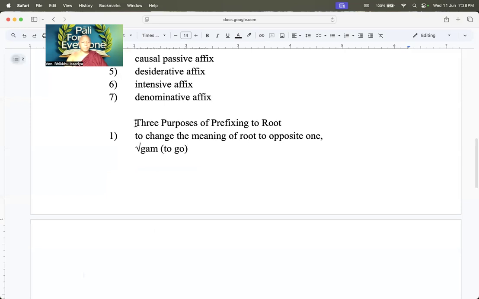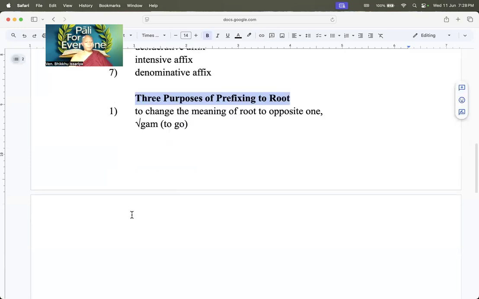Okay. Now to the root gam we add the prefix ā. So at that time, it is generally ā-gam, but then the meaning is to come.